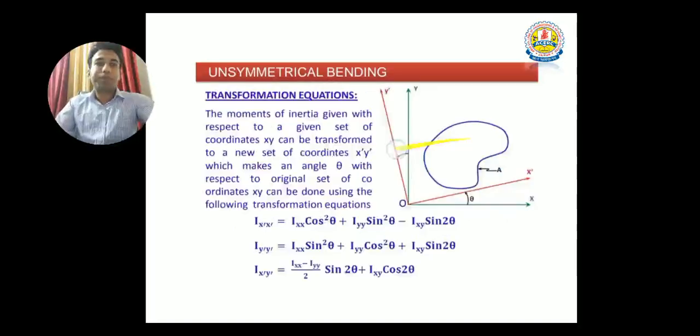Okay, these are the transformation equations. Why will transformation equations occur? Actually, a plane is acting in x and y directions, so there is a certain centroid on which moment of inertia is acting.